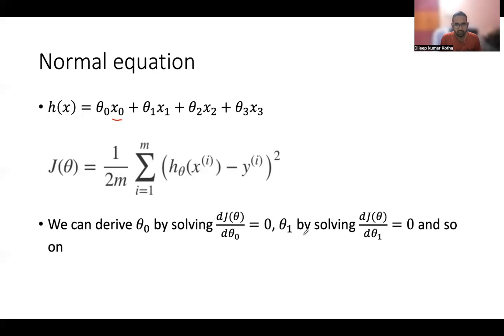You will get theta 0. Similarly, to solve for theta 1, you take dJ by d theta 1 equal to 0 and solve for theta 1. This way we get all the parameters from theta 0 till theta n, where n is the number of variables we have. If we derive this equation, we will see that the cost function will be minimum when these parameters are derived in this manner.